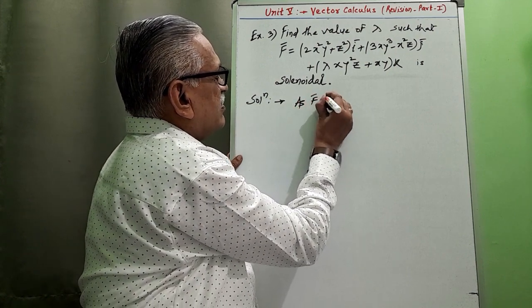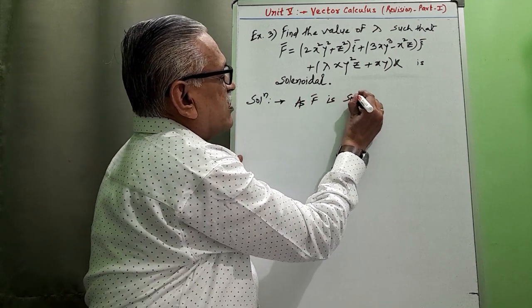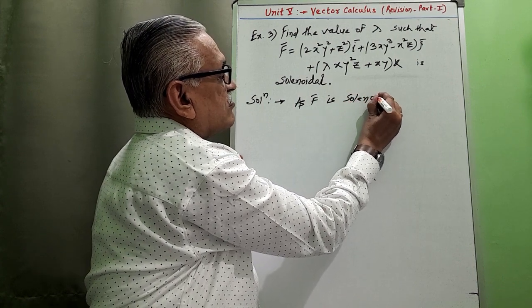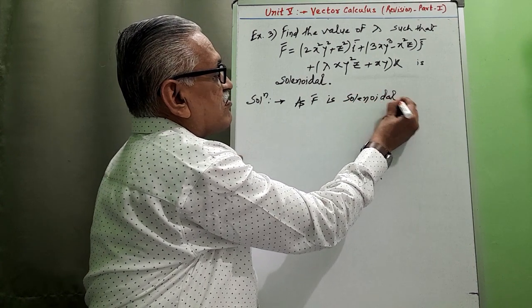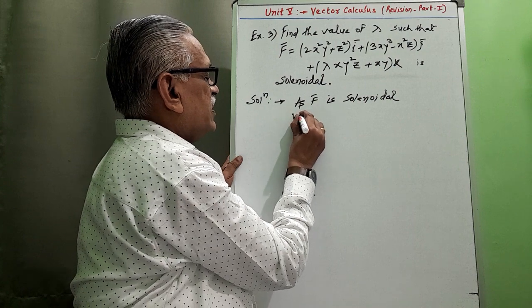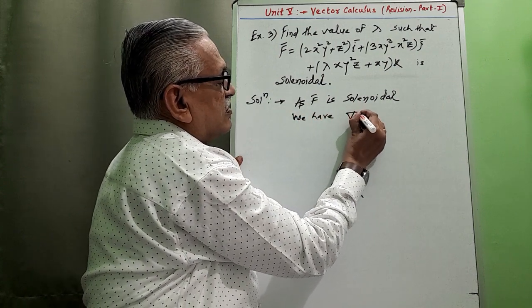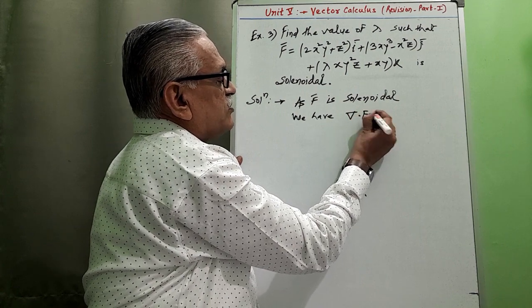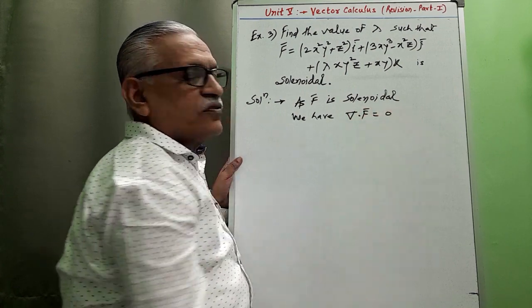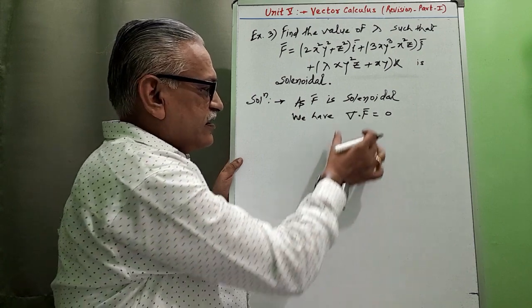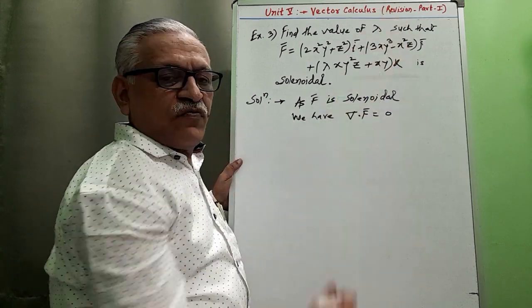As f bar is solenoidal, we have the divergence of that function is 0, del dot f bar is equal to 0, and using this we try to find out the value of lambda.